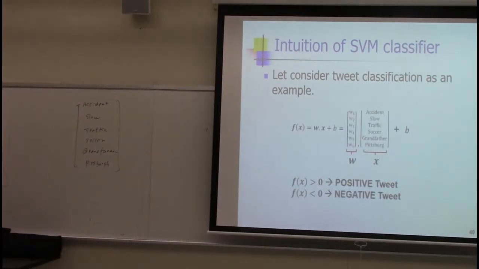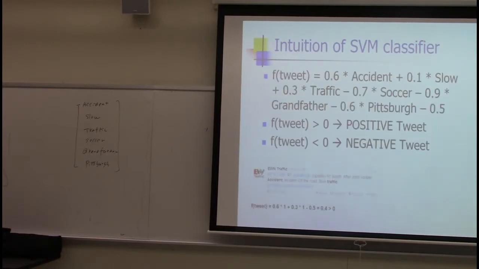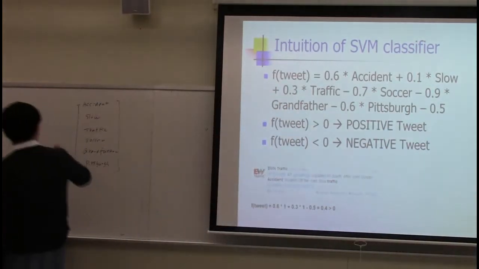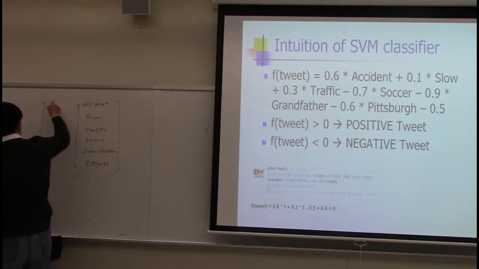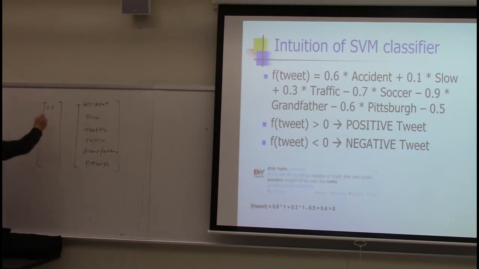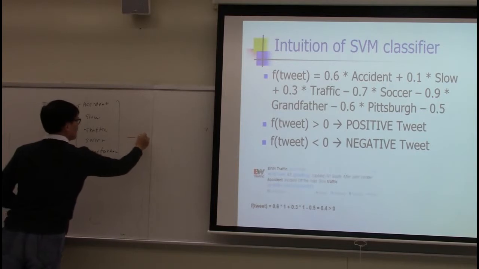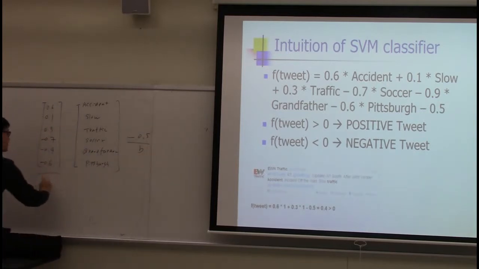Suppose you estimate W. So W is 0.6, 0.1, 0.3, minus 0.6, soccer 0.7, minus 0.9, minus 0.6, and then minus 0.5. So this is your B. This is W. Okay? So if you can estimate W and B, right?